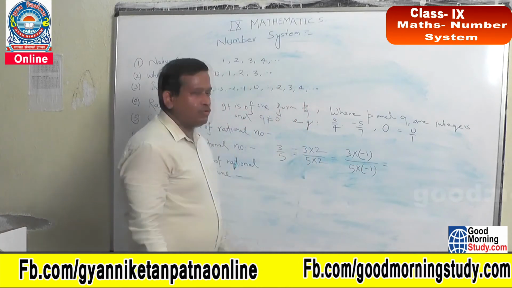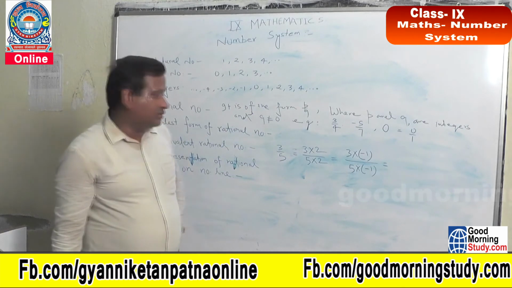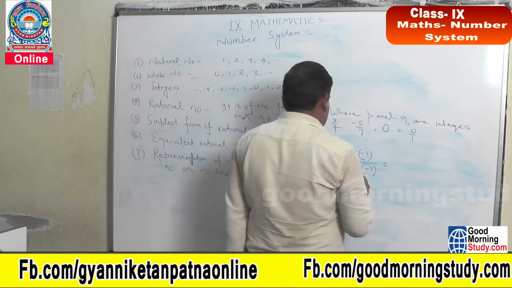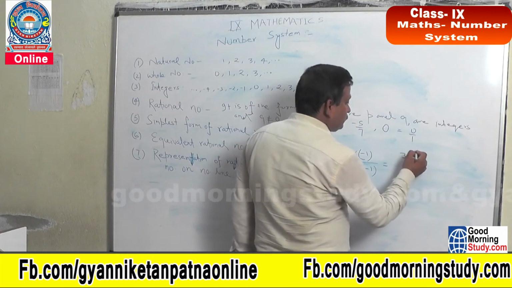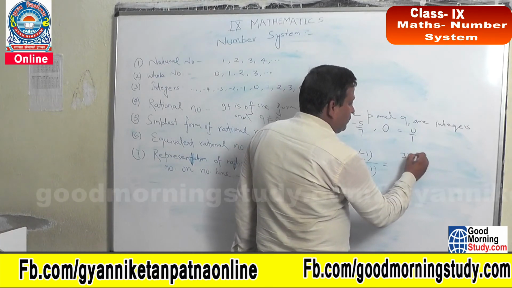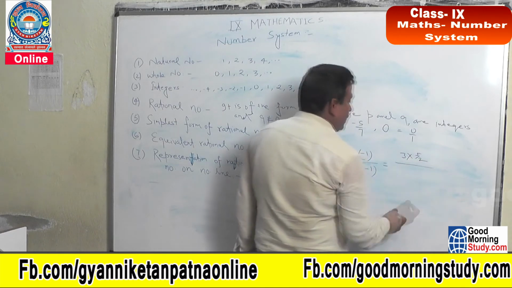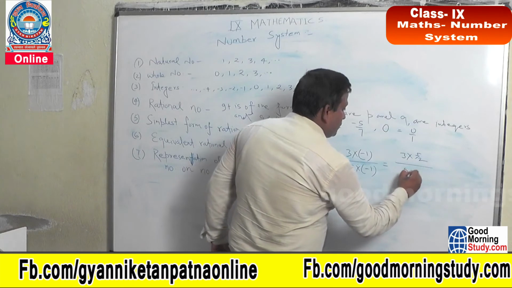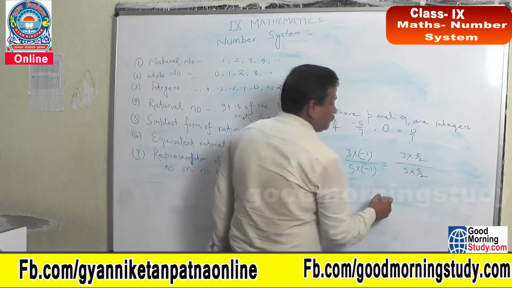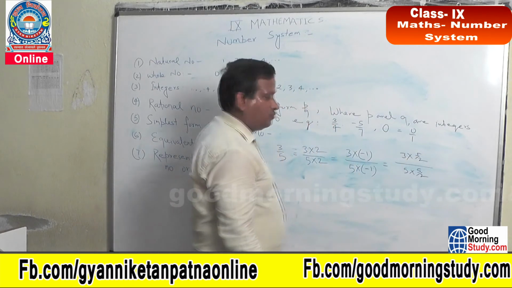We can multiply both numerator and denominator by a fractional number also. So I am writing 3 multiplied by 5 by 2, and after that 5 multiplied by 5 by 2, because this 5 by 2 is a non-zero number.